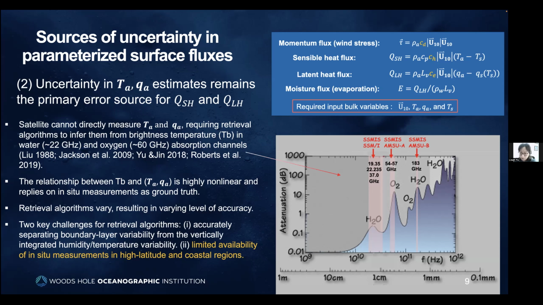Nonetheless, two main challenges for these retrieval algorithms are how to separate boundary layer variability from the vertically integrated humidity and temperature profiles' variabilities, and that depends on your algorithm. The second is the limited variability of individual measurements in high latitude and coastal regions, and that really constrains your ability when you develop those retrieval algorithms.